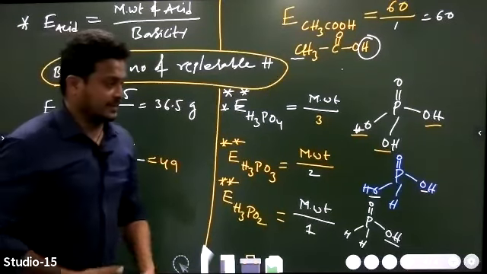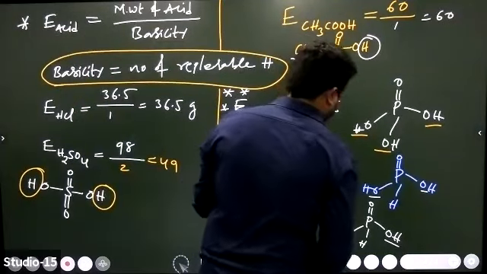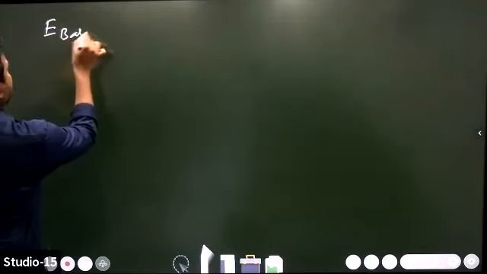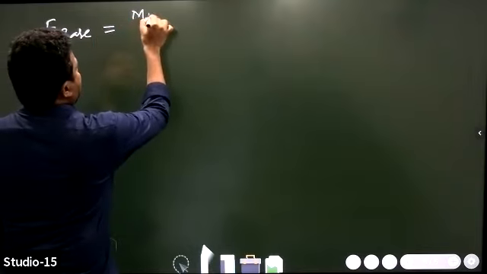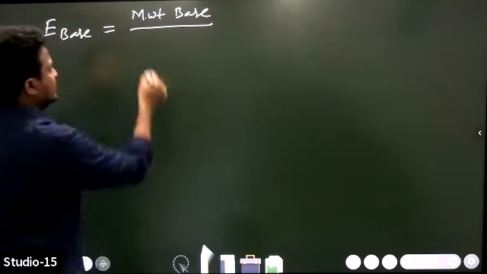Equivalent weights of bases. Equivalent weight of base is equal to molecular weight of base or formula weight of base by acidity.